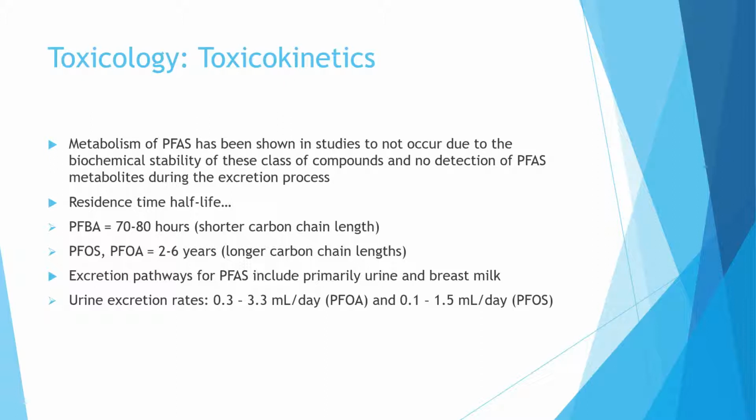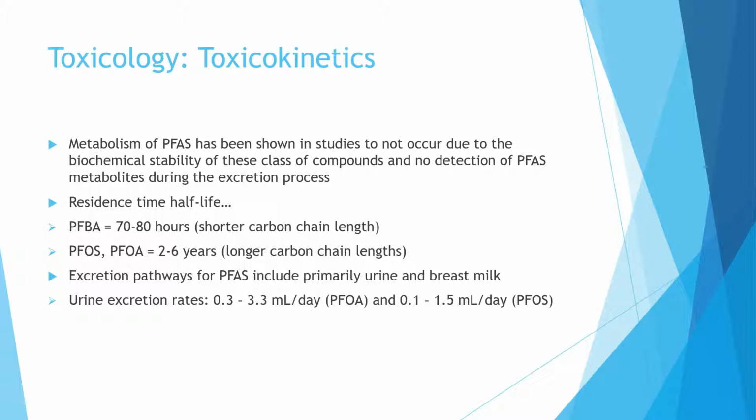They can be excreted, however. For residence half-lives, PFBA, which is another one of these compounds, has a residence time half-life of 70 to 80 hours, and this one has a shorter carbon chain length. PFOS and PFOA have residence time half-lives of 2 to 6 years, and this is due to their longer carbon chain length.